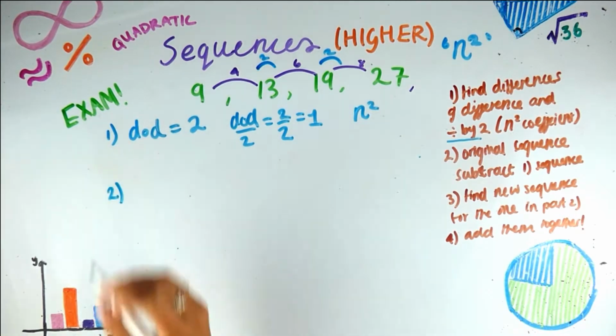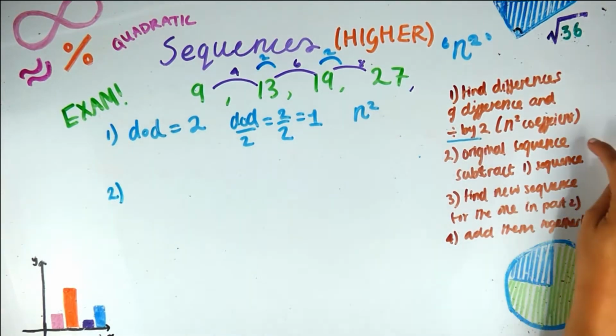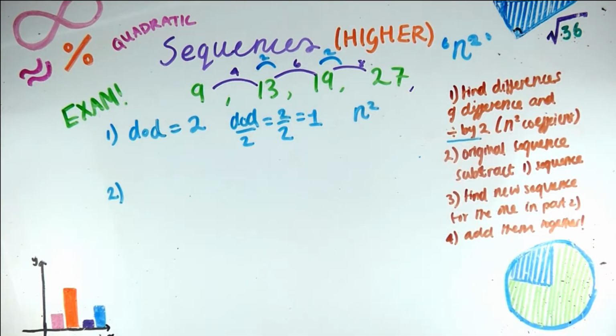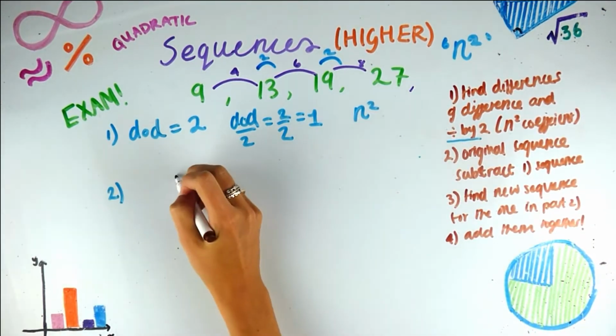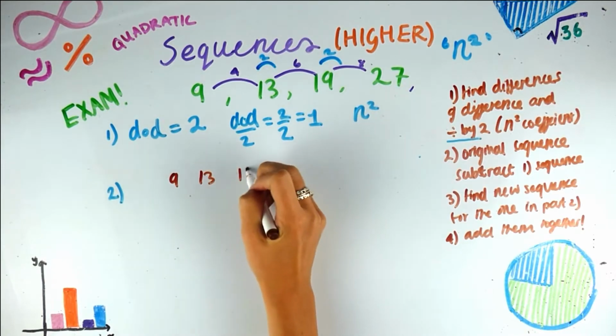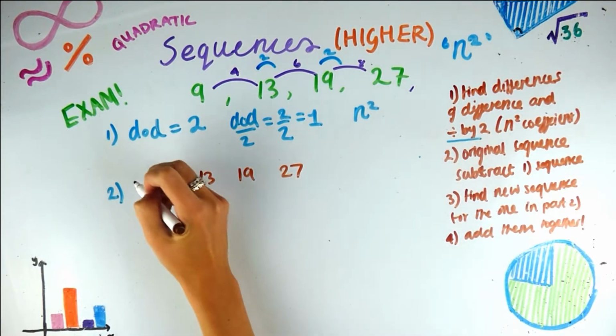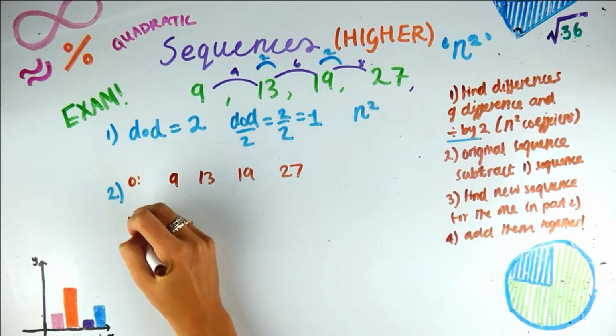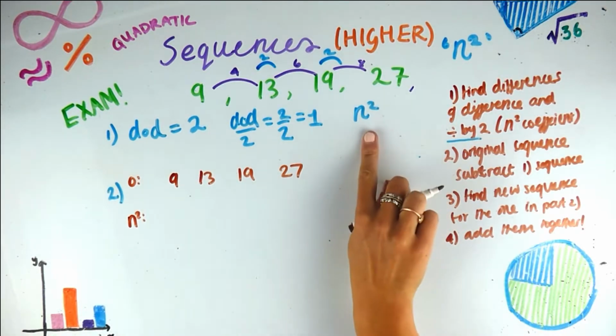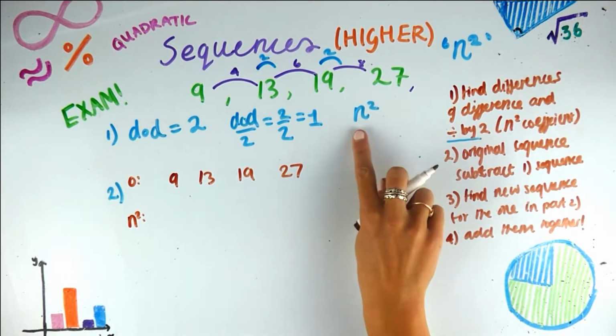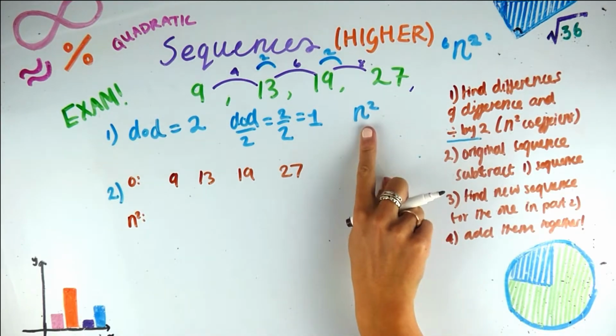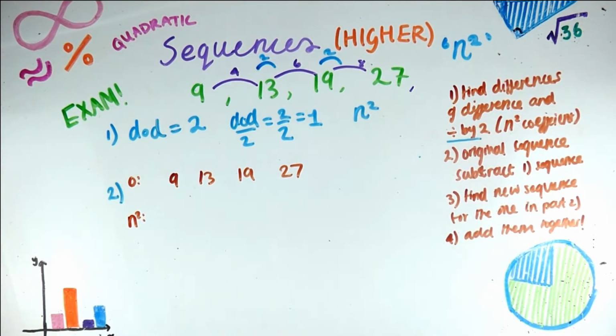Okay, so step 2 is take your original sequence and subtract the sequence you did in part 1. So my original sequence, I'm going to rewrite, is 9, 13, 19 and 27. Then I'm going to do my n squared sequence that I found here. Because the coefficient was 1, it's n squared. If my coefficient was 2, we'd be doing 2n squared.